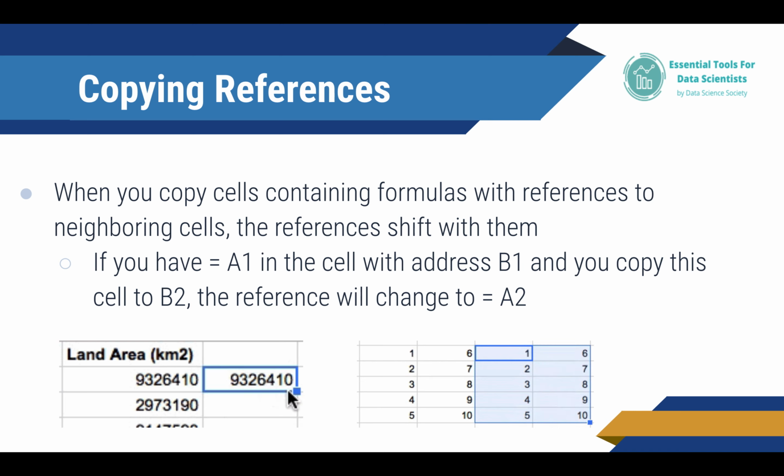Now, to get the result for all of the other numbers in A, all we have to do is drag that first cell down all the way through all the values in A. And the reference A1 in the first cell will update. It will become A2 in B2 and A3 in B3 and so on. Hopefully that makes sense. Also, if any of this doesn't, feel free to message me on Piazza or email me.